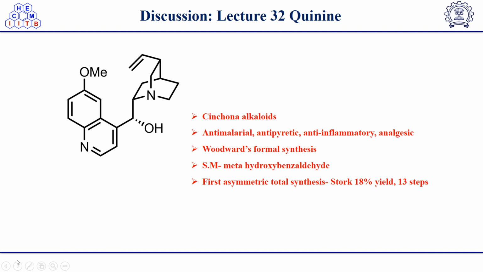So, in Woodward's formal synthesis, he synthesized up to quinotoxin, which was already converted into quinine by Doring, and there he is using Mannich reaction as one of the key reactions. And the starting material in Woodward's total synthesis was meta-hydroxybenzaldehyde, and in Stork's asymmetric total synthesis, which was completed in 13 steps, he could synthesize quinine in 18 percentage yield.